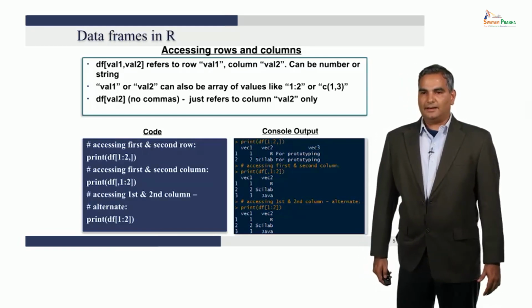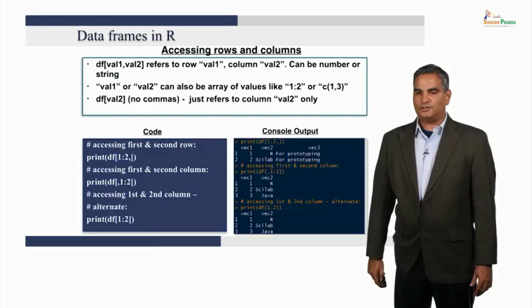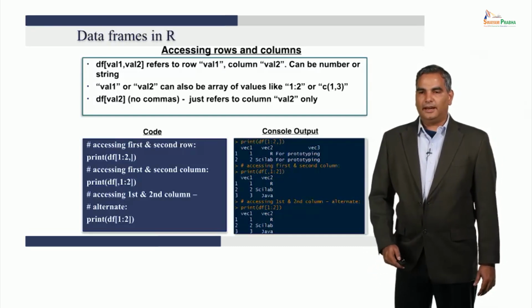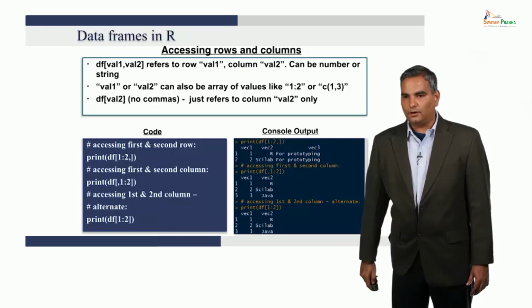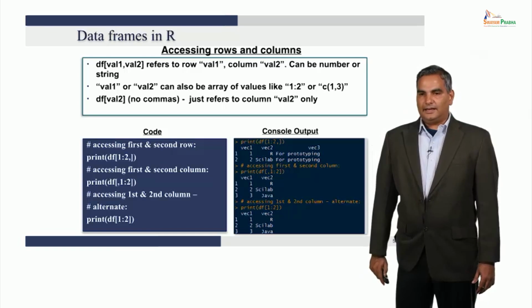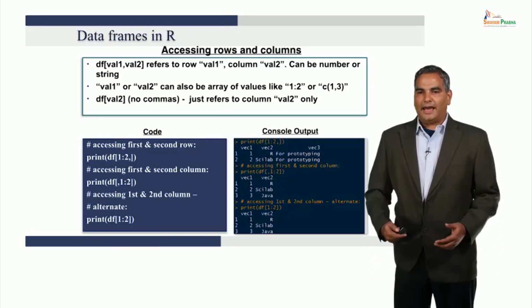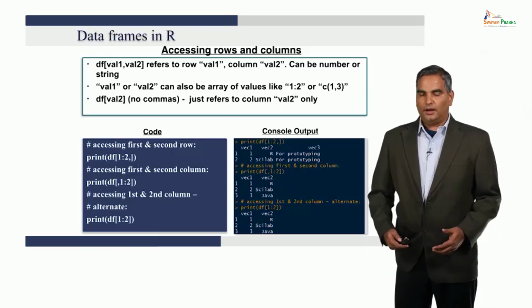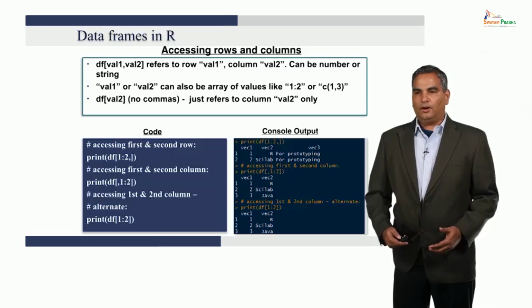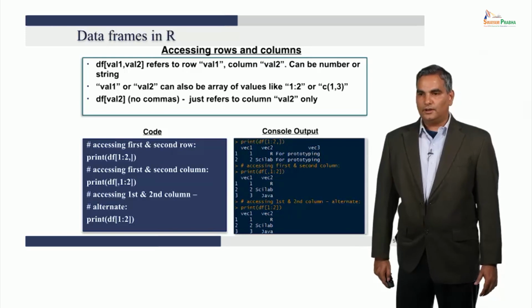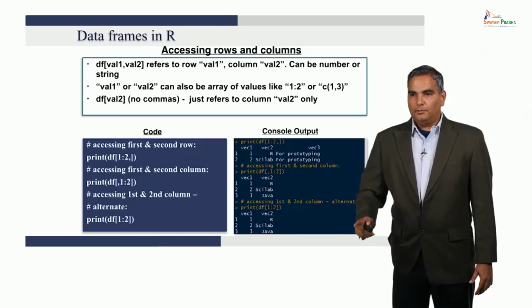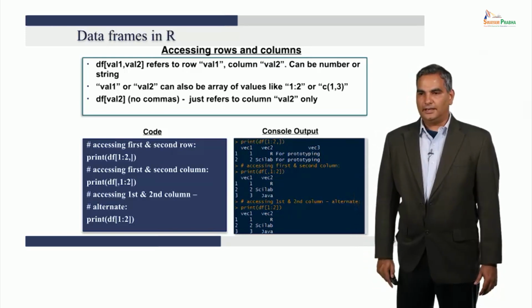So in this example, the first command we have is df[1:2, ], with nothing after the comma. The syntax here is that I want to access the first and second rows of df and all the columns. And you see the result here. You get the 2 rows, and the third row is missing, but every column is seen in the result.